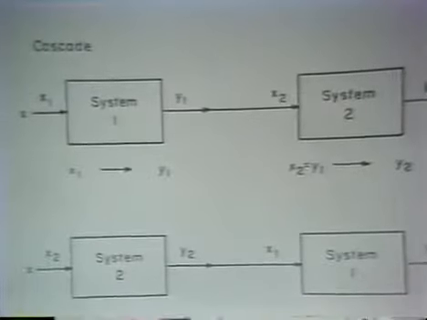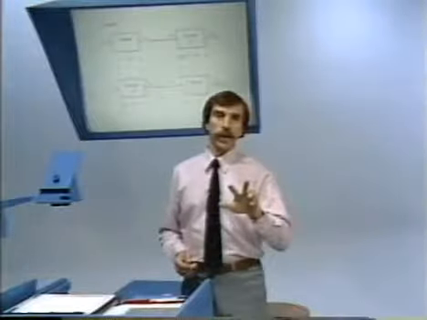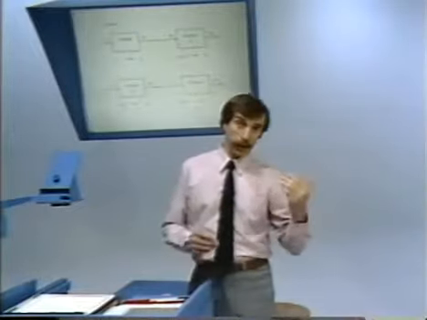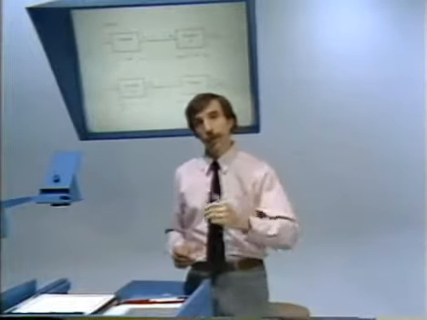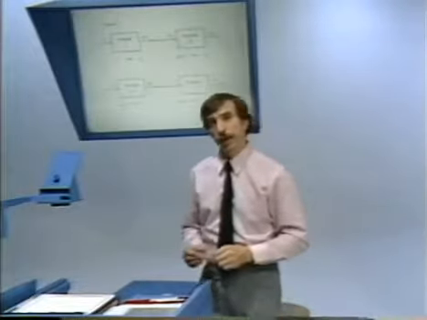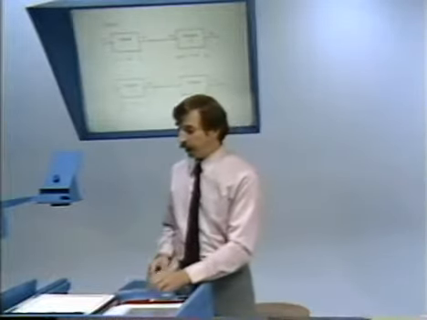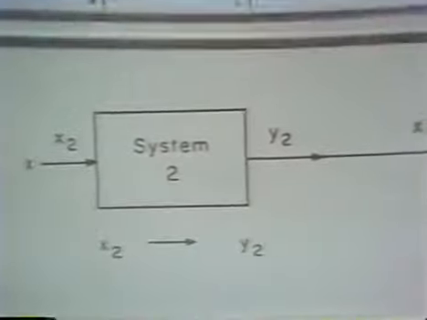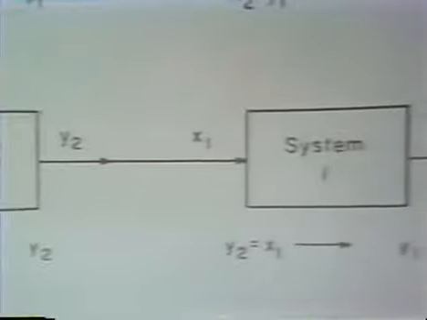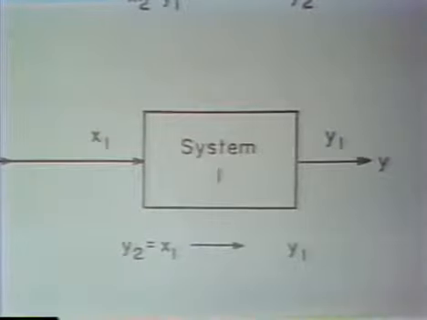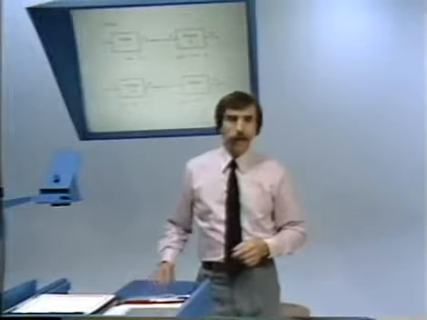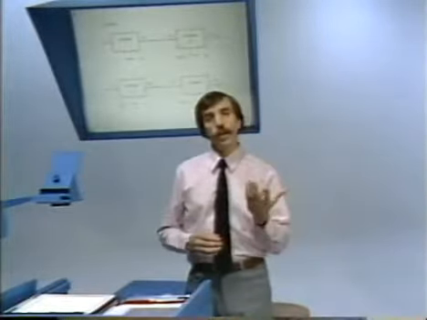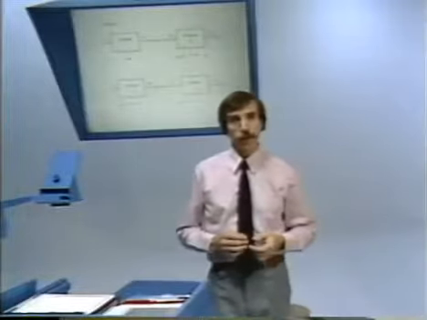Now, we could, of course, take those two systems and cascade them in the reverse order, namely take the output of system 2 and put it into the input of system 1. And I've indicated that here. We have system 2 first in the cascade, followed by system 1. It's important to keep in mind that in general, for general systems, the order in which you cascade the systems is very important.